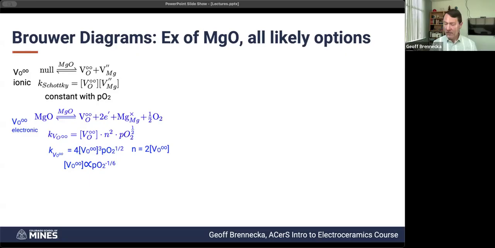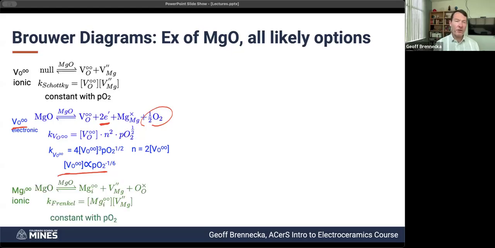Another example, if we start with MgO and we compensate for those same oxygen vacancies electronically. So now we're putting in electrons to compensate for those. We do end up with a PO2 dependence. And this is the one that we went through earlier. And we say the oxygen vacancy concentration is going to be proportional to PO2 to the -1/6 power.